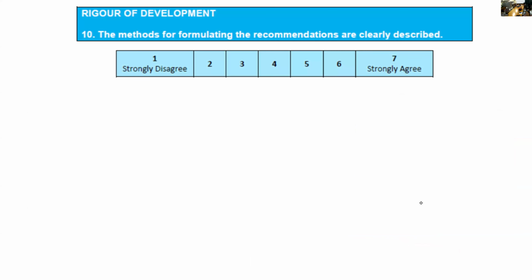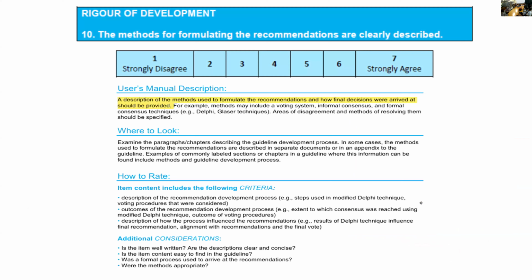The methods for formulating the recommendations are clearly described. Like I said, there was no mention of the methodology in the parent article itself. Here, most of it is around the Delphi technique. So there's a description of what steps are used in the modified Delphi technique, the voting procedures that were considered, the outcome of the recommendation development process, and a description of how the process influenced the recommendations.